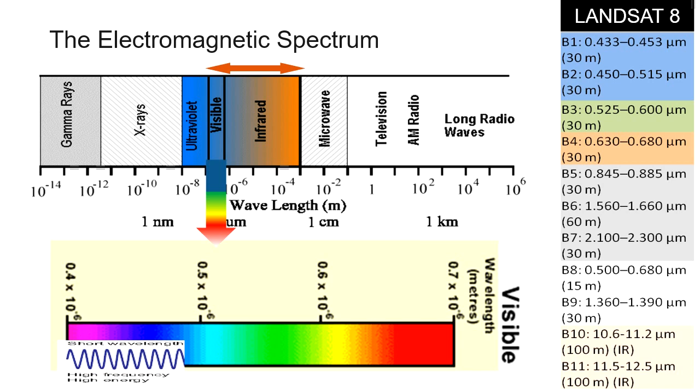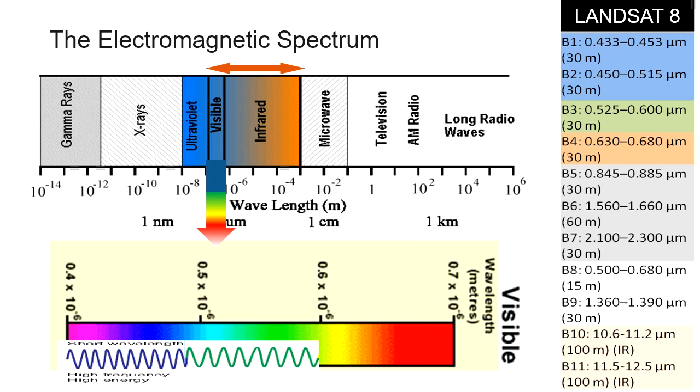So this is the blue part, and if you correlate with Landsat 8 data, band number 1 and band number 2 belong to the blue part. As you can see, the blue ranges from 0.4 to 0.5. So band number 1 and band number 2 of the Landsat 8 data lie within 0.4 to 0.5 micrometer. So this is the blue part.